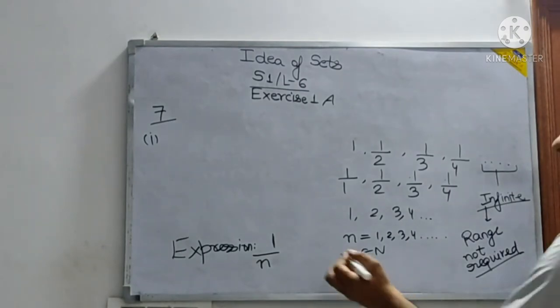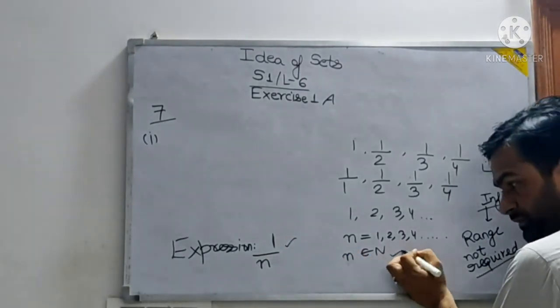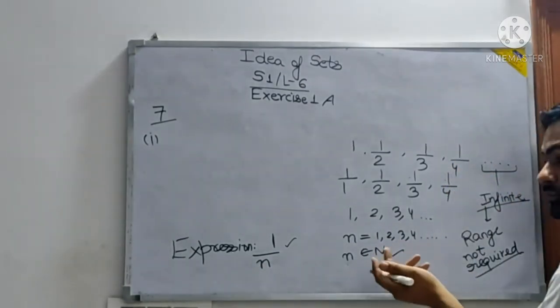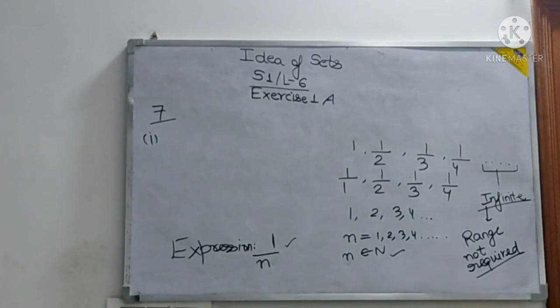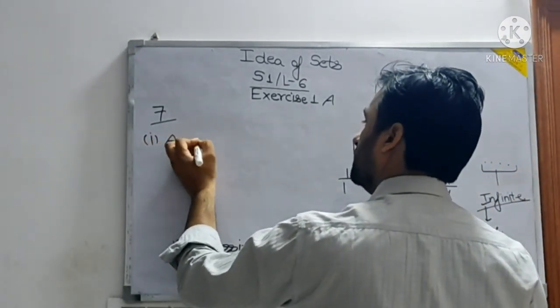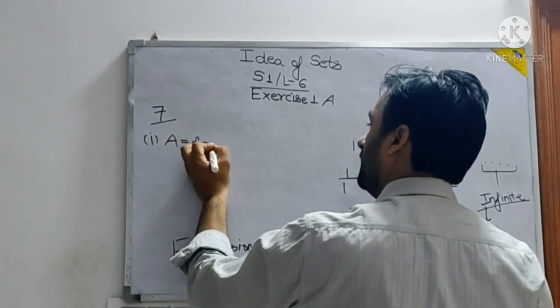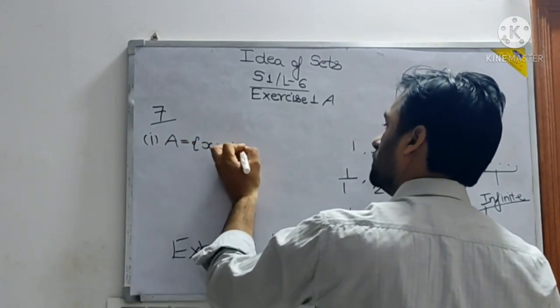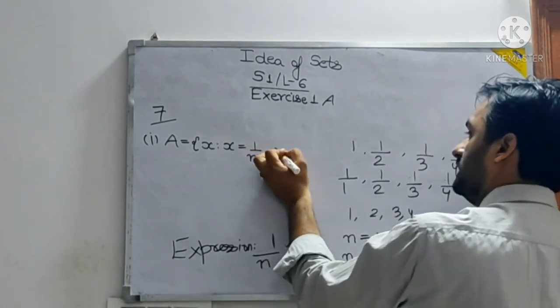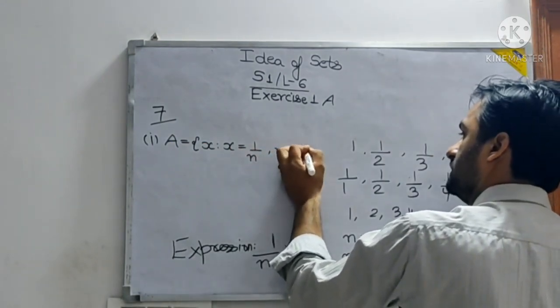So what do we require? Expression we have got, to which family it belongs we have got, and one more thing, first you have to write x such that x. That's it. So what will we write? First give the name to it. A is equal to curly bracket x such that x is equal to 1 by n, n is an element of natural numbers.